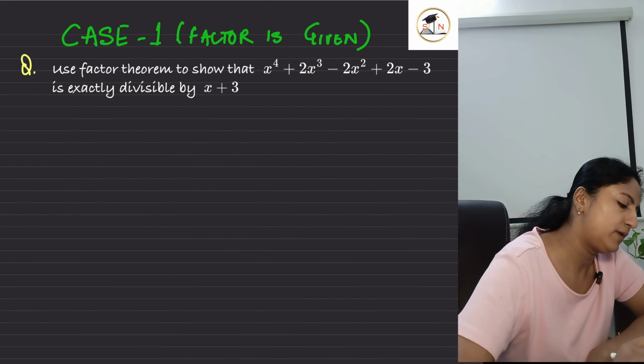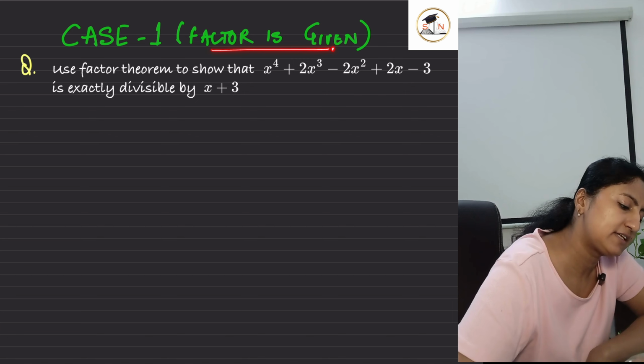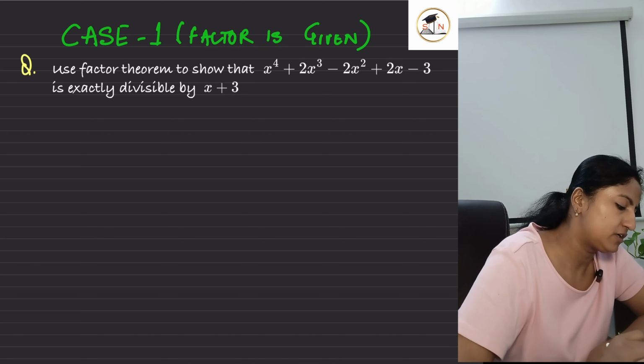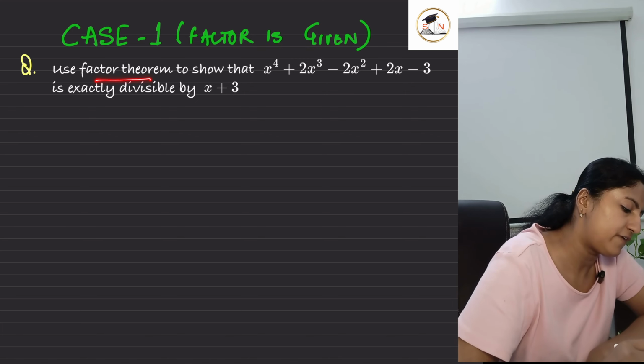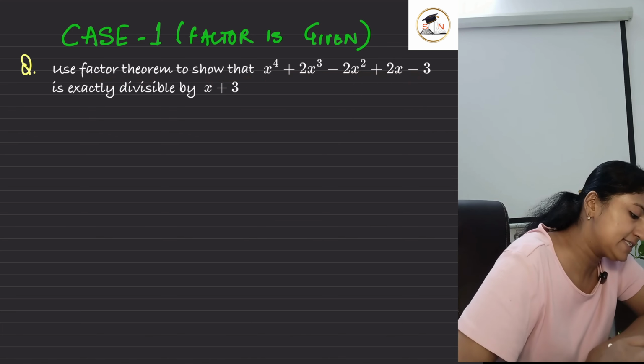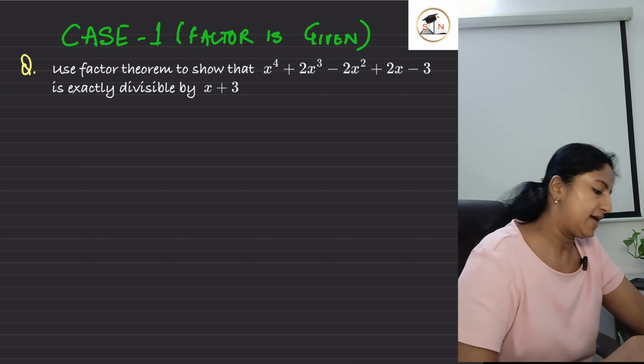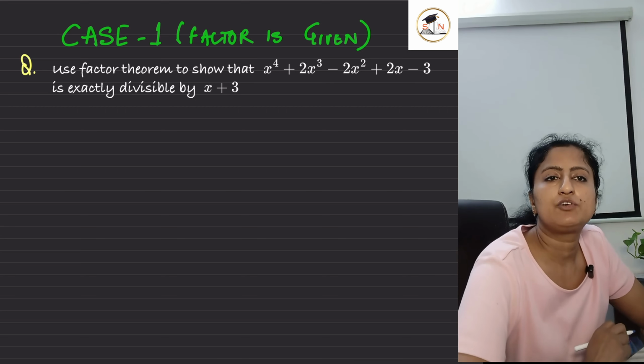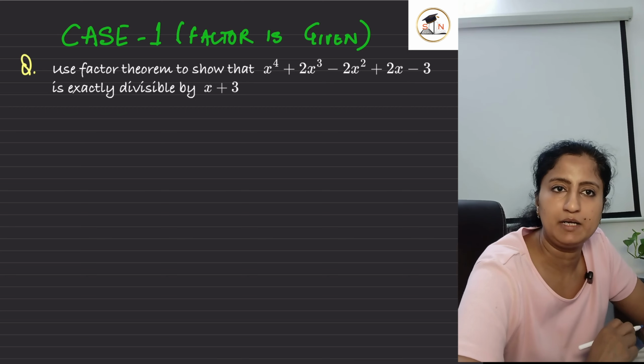Over here, case 1 says factor is given to us, right? Let's read the question and it says use factor theorem to show that this polynomial is exactly divisible by x plus 3. As I said, factor theorem is nothing but an extension to the remainder theorem.